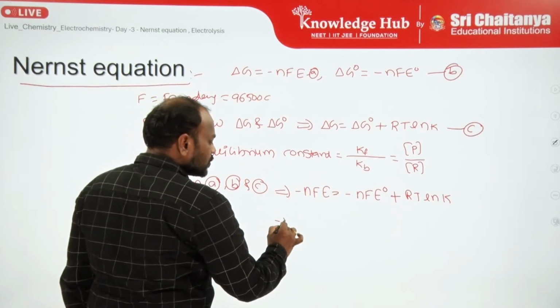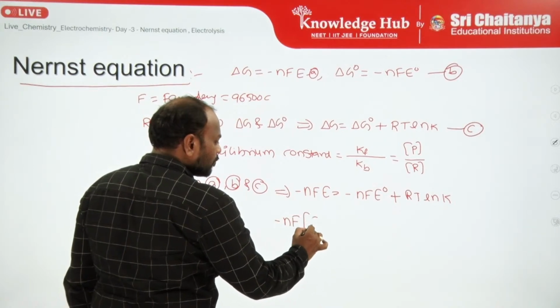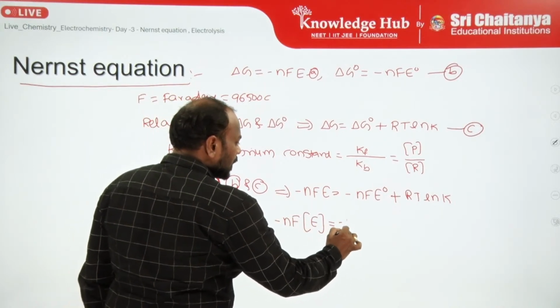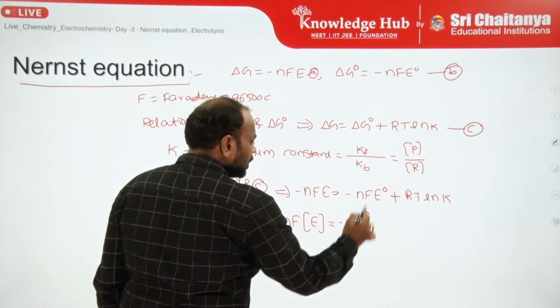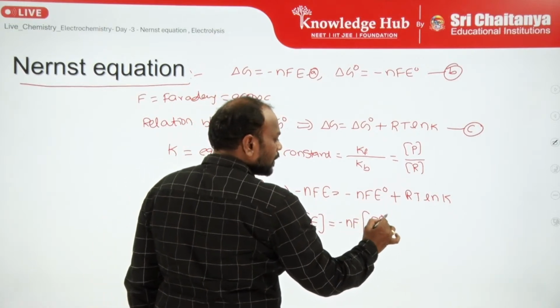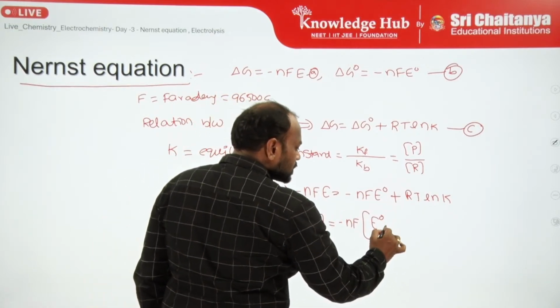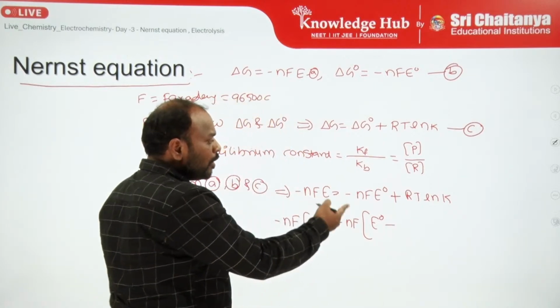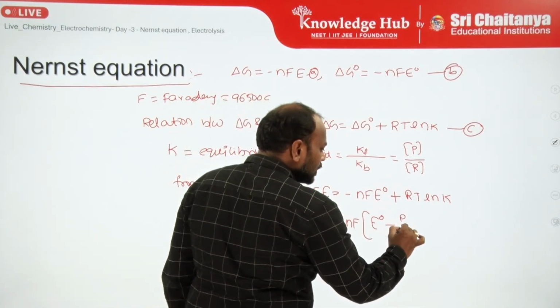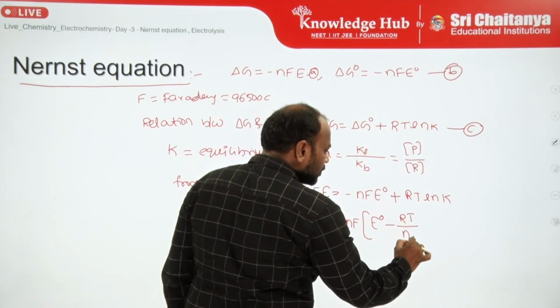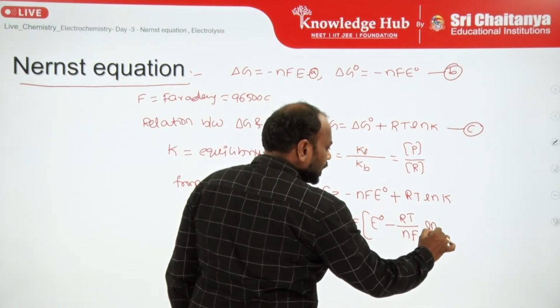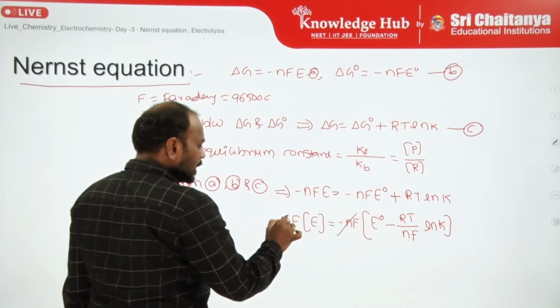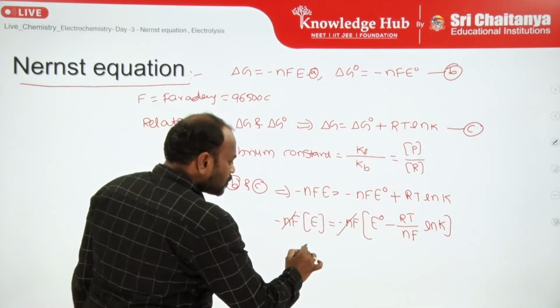To cancel on each side, NF of E is equal to minus NF common on the right side. What do we get here? E naught, and since there is no NF, we get NF in the denominator into ln K. Minus NF gets cancelled. So what do we get here?